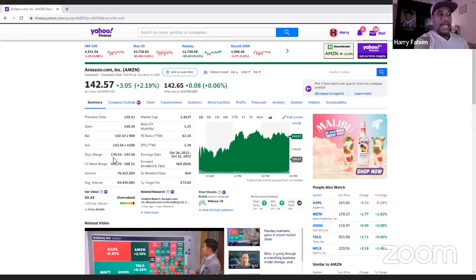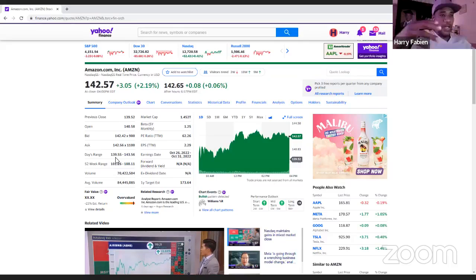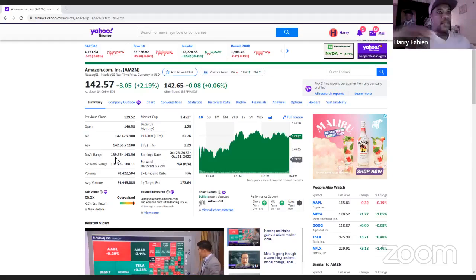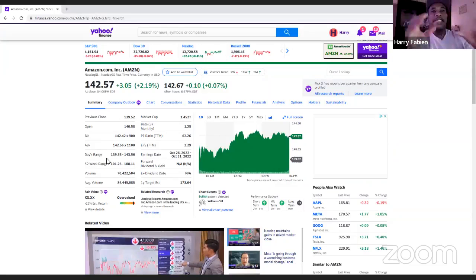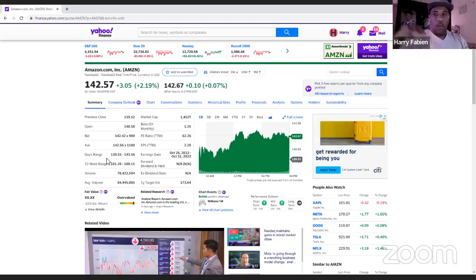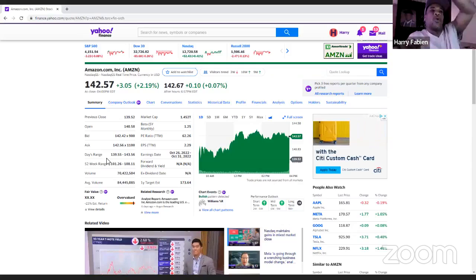So the day range means the time between which it can be balanced for today. The day range was between 139.55 to 143.56. That means this day range was from 139 up to 143.